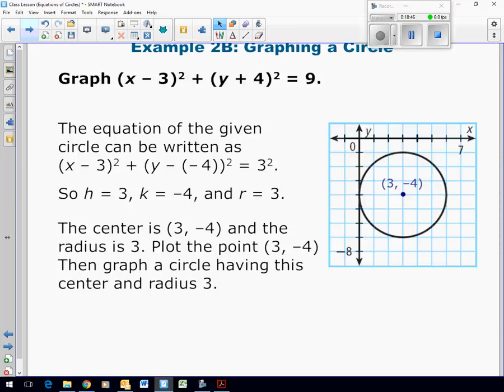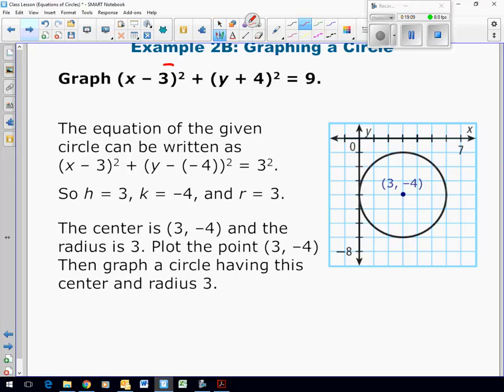If I wanted to graph this, where is my... aha, I shall get someone. Who should I pick on today? Trent! Hey man, what is the H, K here? 3, 4. It's 3 what?